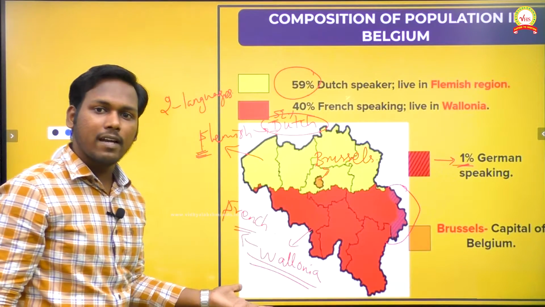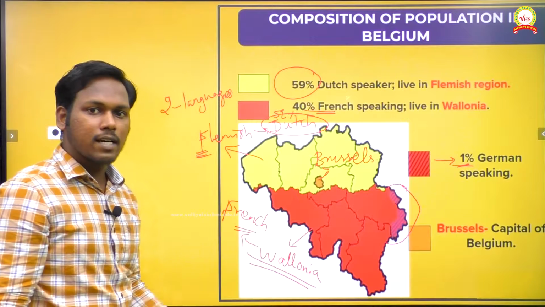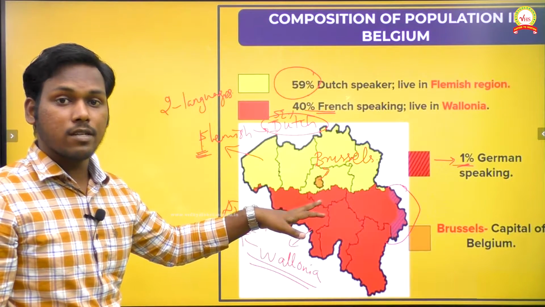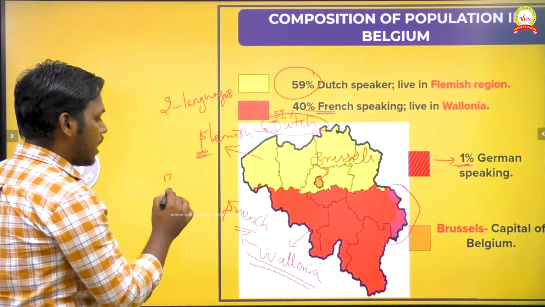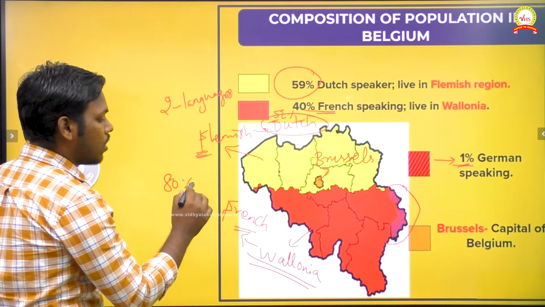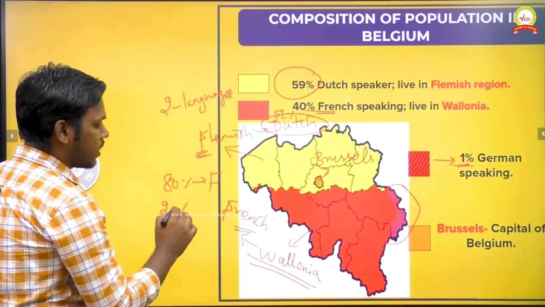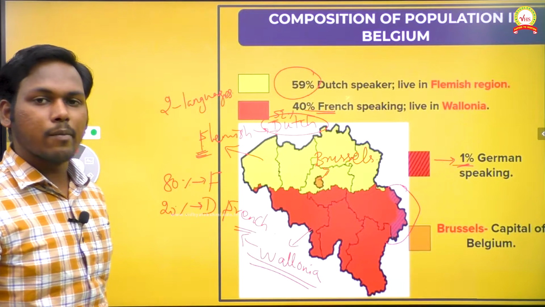And who is the minority here? 40% French speakers are the minority other than the capital. But in the capital, we find 80% French and 20% Dutch. This is the complexity in Belgium.